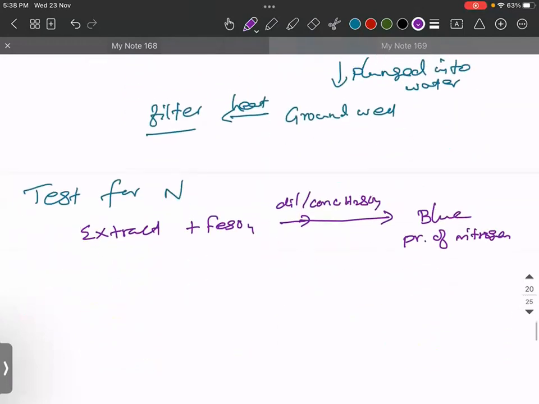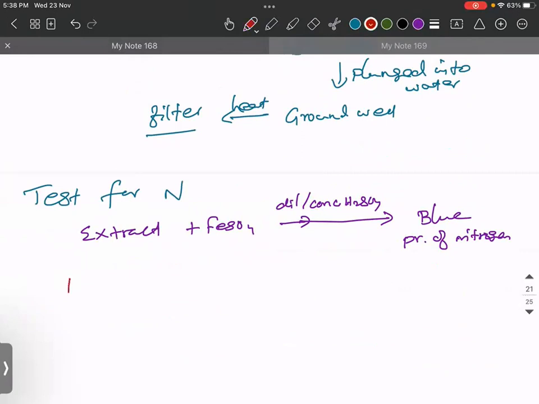So how can we say it equation-wise? You put the sodium metal, and sodium metal plus carbon plus nitrogen, which come from the organic compound. What are the organic compounds which contain nitrogen? Amide, RCONH2, amine, RNH2, or nitro compound, RNO2.